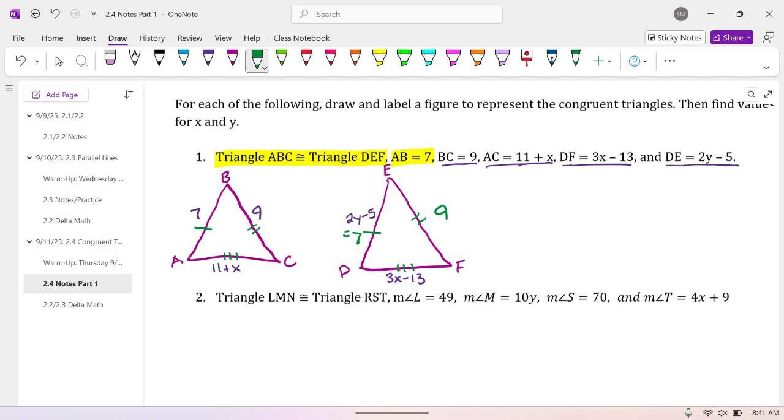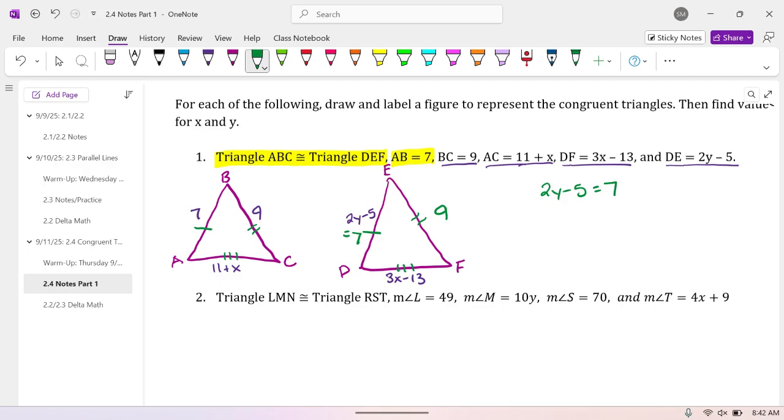All right. So let's solve for Y first, because that one's pretty straightforward. How would I set up an equation to solve for Y? Right, 2y minus 5 set equal to 7, because we know since A, B, and D, E are congruent, and A, B is equal to 7, that means this side also has to be equal to 7.